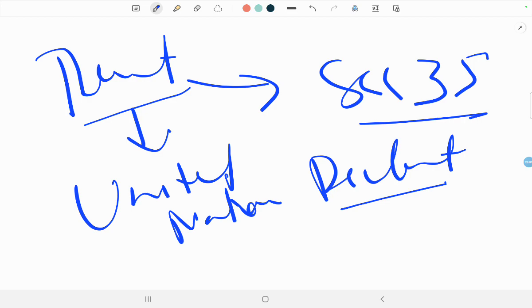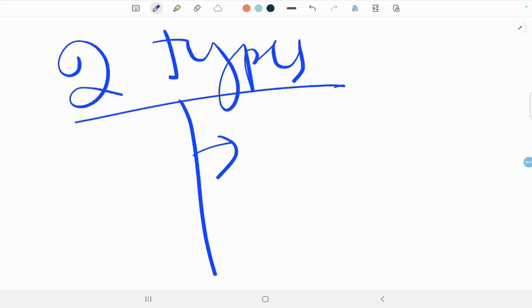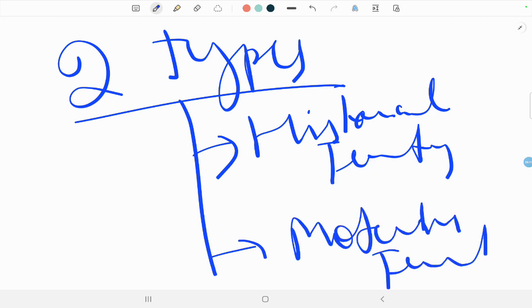So these treaties are of two types. One is historical treaties, and the second one is modern treaties.